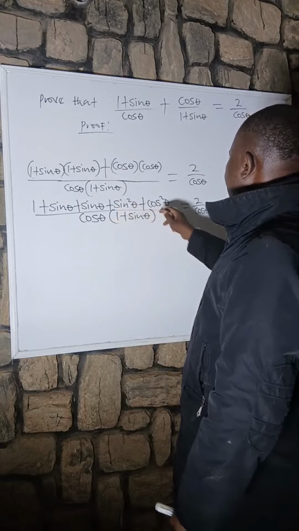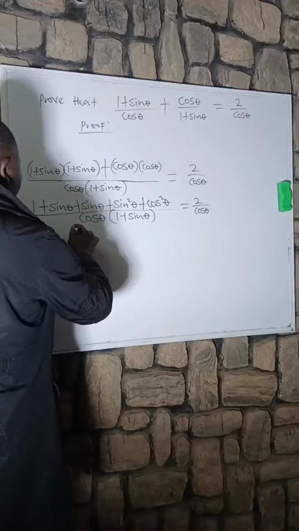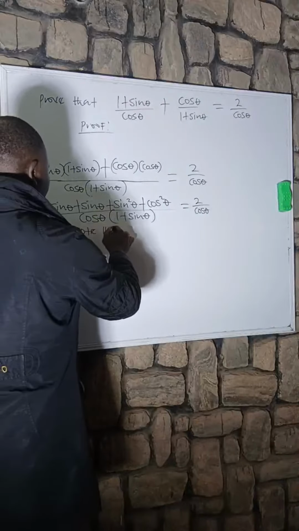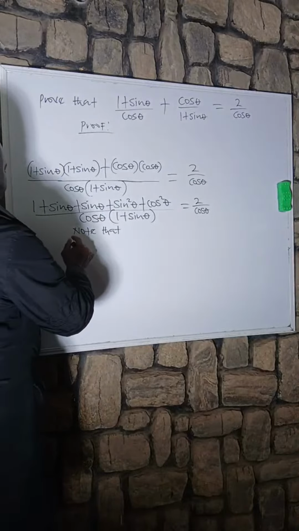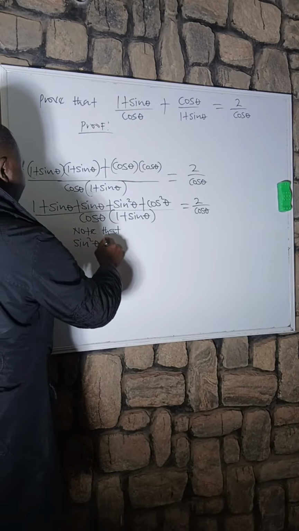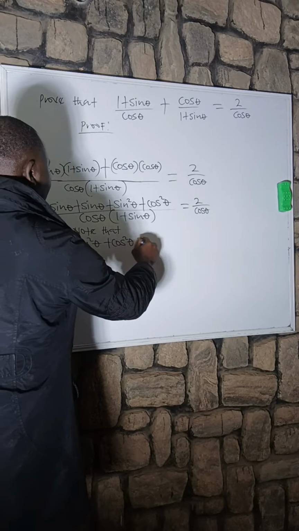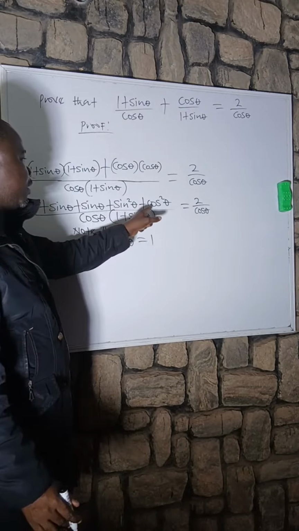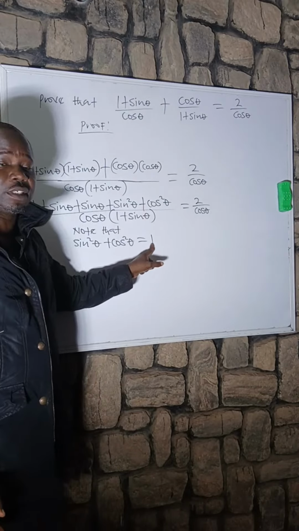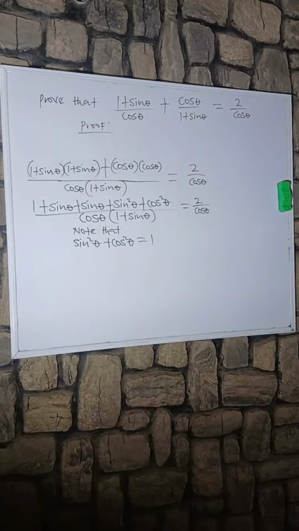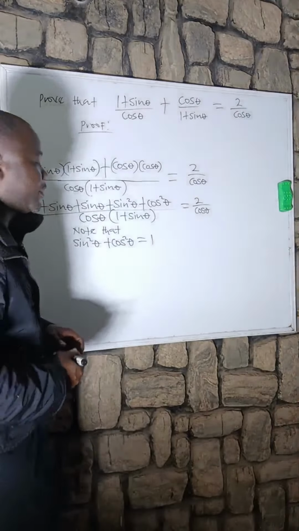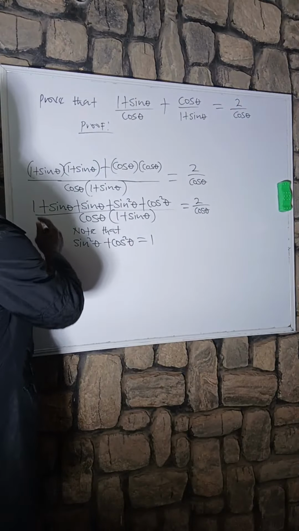Let's go back to our trig. Note that sin squared theta plus cos squared theta is equal to 1. So here, this and this is 1. True or false? Go back to your trig identity. You don't need a prophet to tell you.